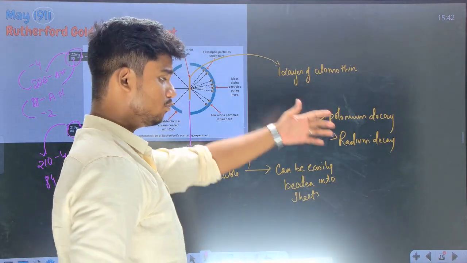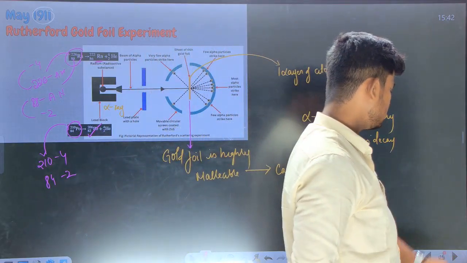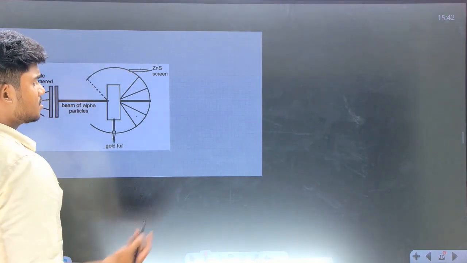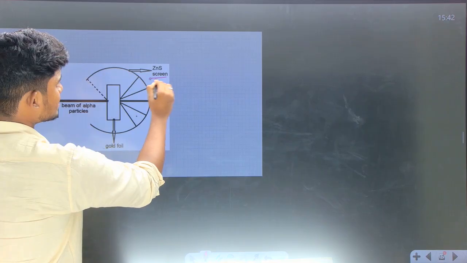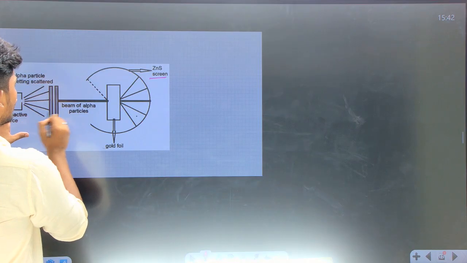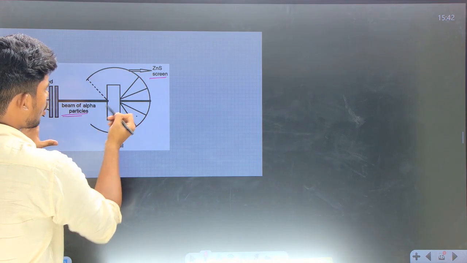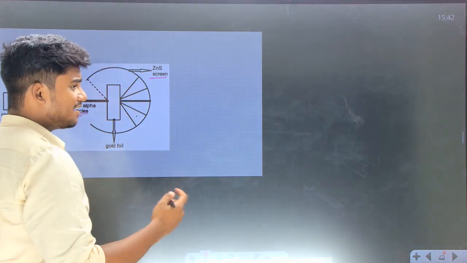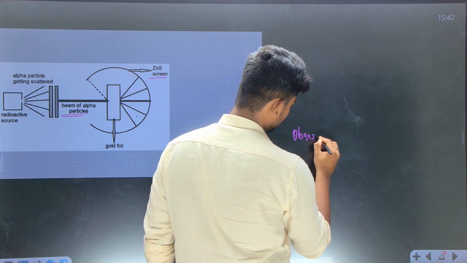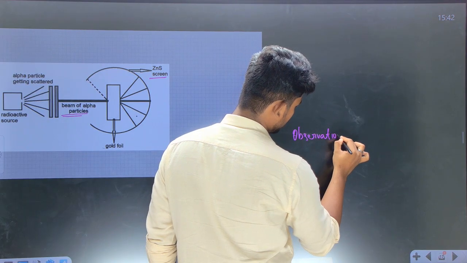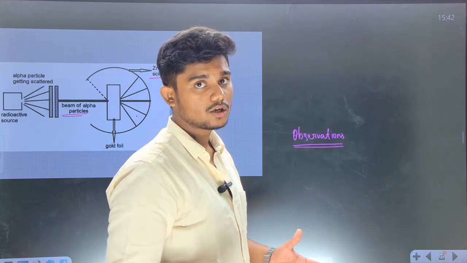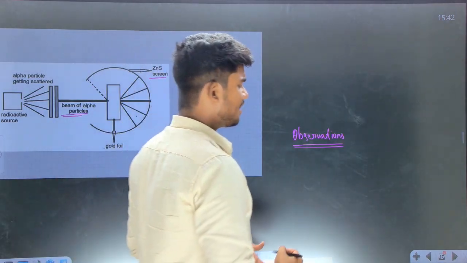Now, moving towards the experiment, what were his observations? What were his conclusions? In his experiment, he used a zinc screen to understand the path of the alpha rays. When a beam of alpha particles was hit onto this gold foil, he made the following primary observations, which led to certain conclusions.